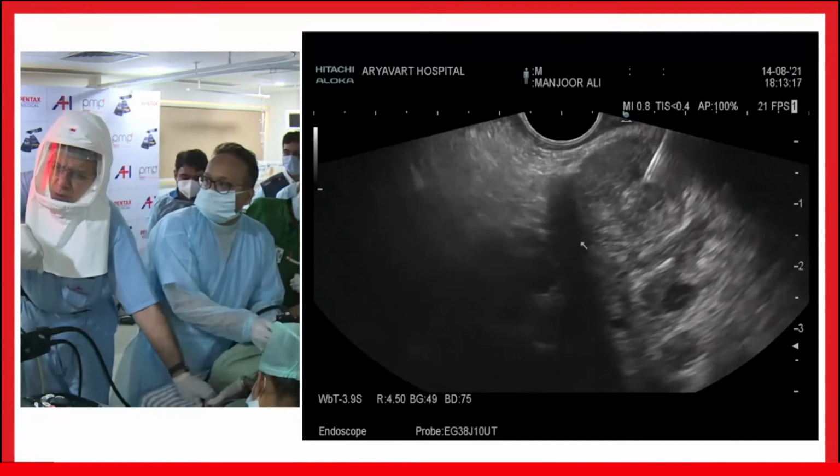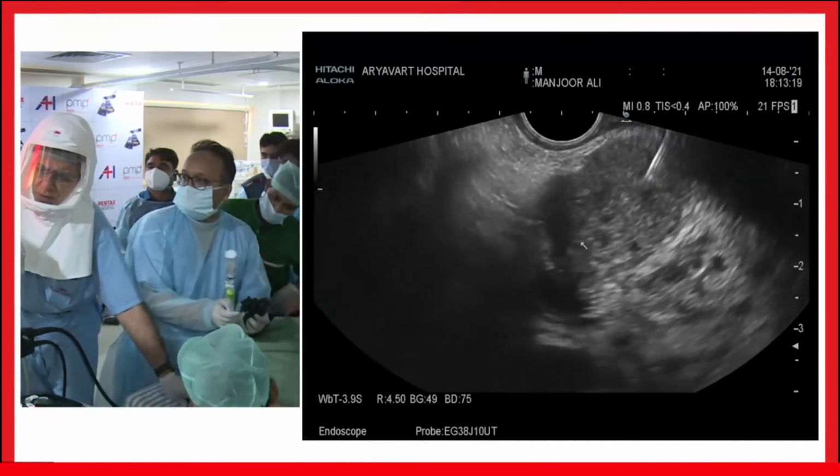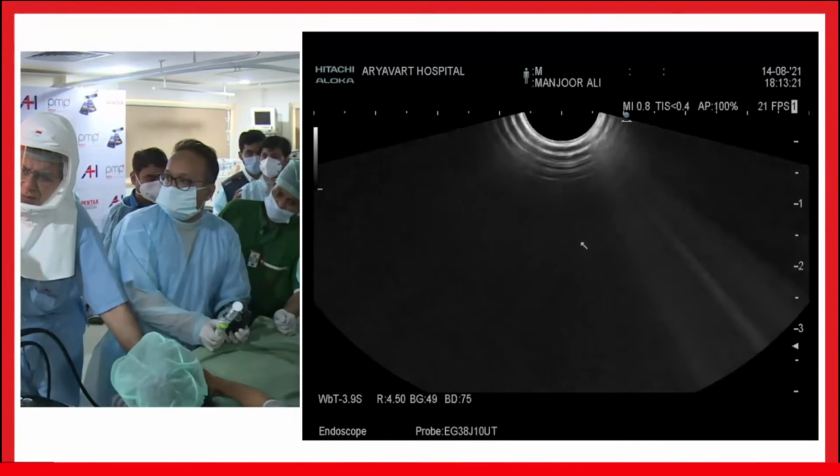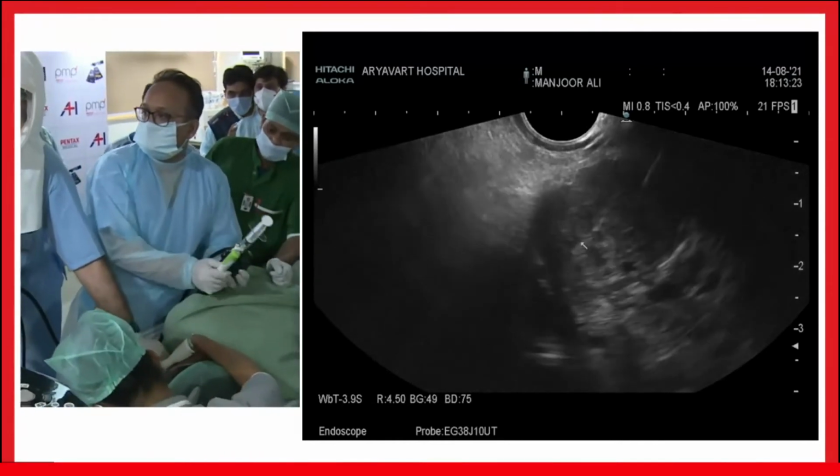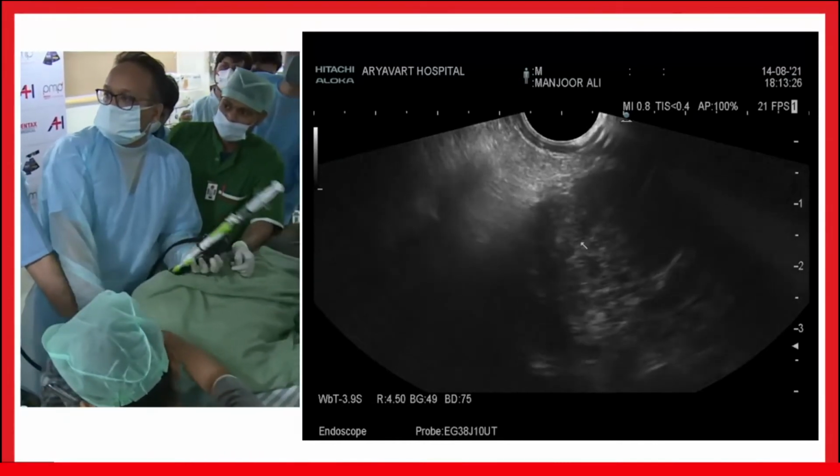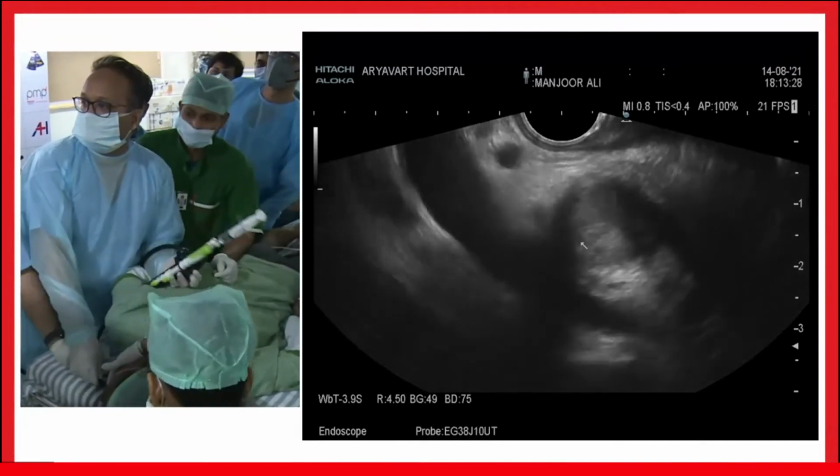We are trying to rotate and find what is the best axis here. Patient is not anesthetized.